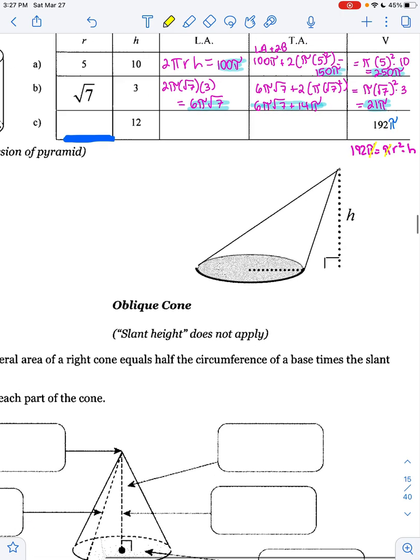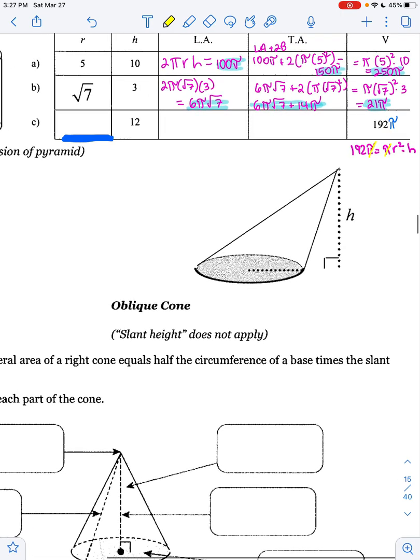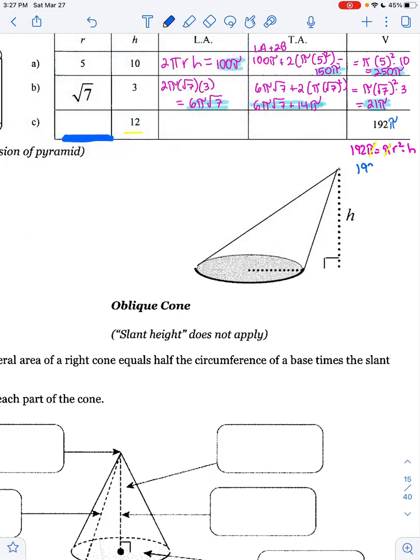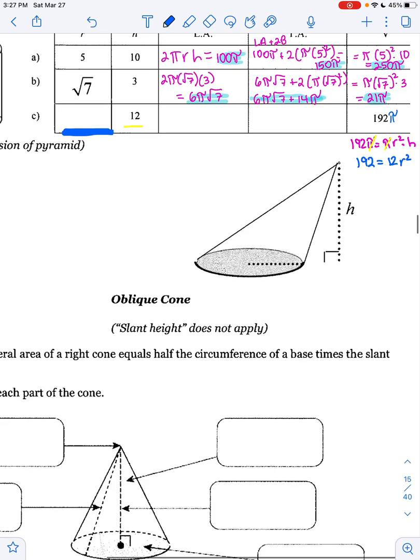Since that's two variables, we want to go back and see what we had. Well, we had what the height was, and that's 12, so we can substitute 12 in. 192 equals 12 r squared. And so if I divide both sides by 12, I should get 16, and let me just verify that.